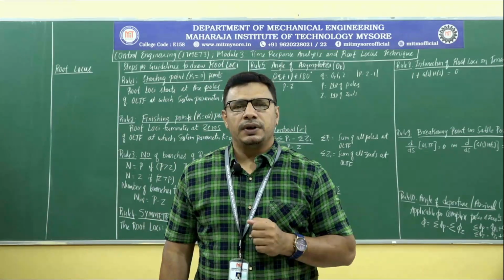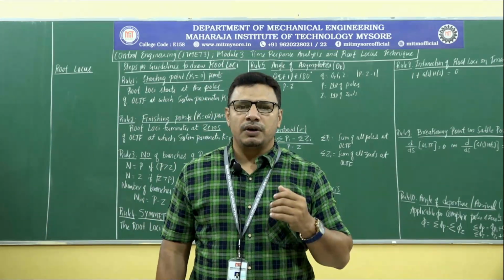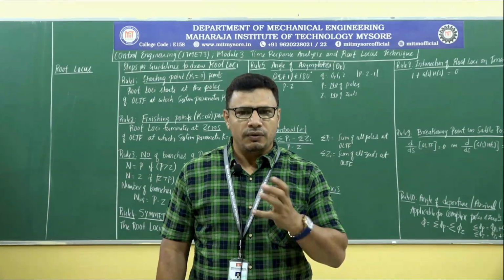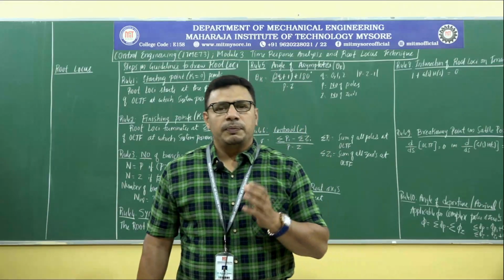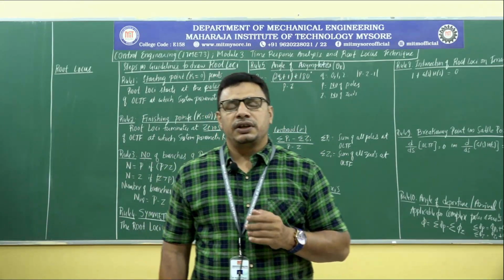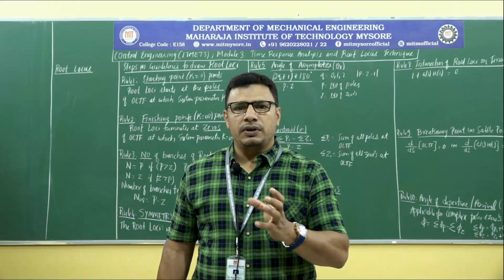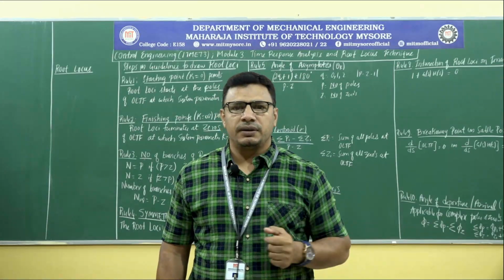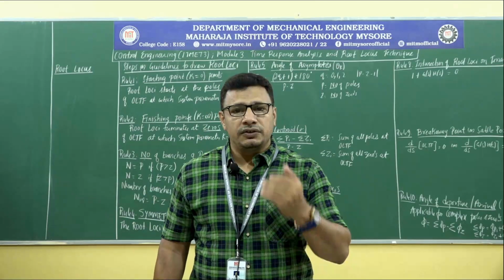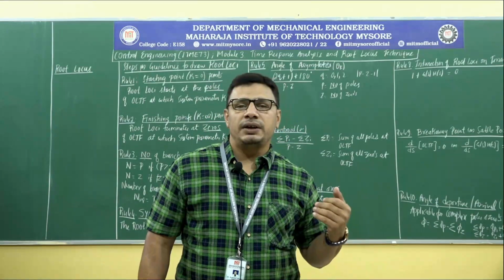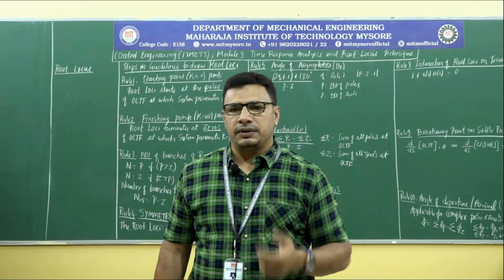Now, what information do we get from the plot of root loci or root locus? When we plot the root loci in the S plane, very important inferences can be drawn from the plot. Number one, whether the system is stable for any values of the given input parameters.